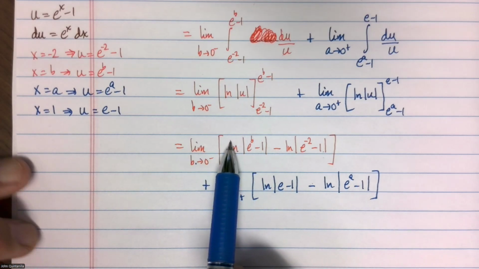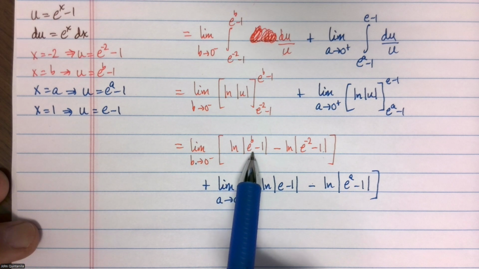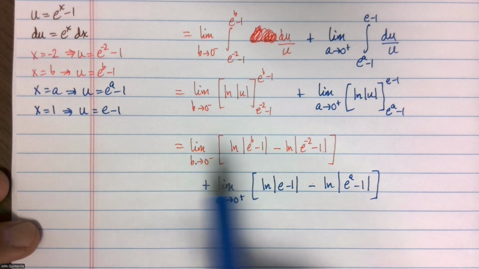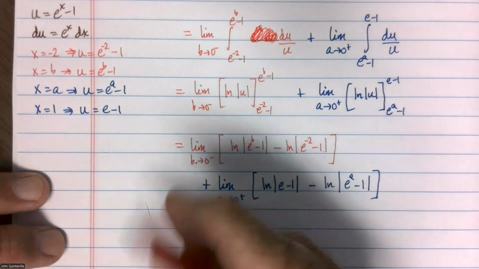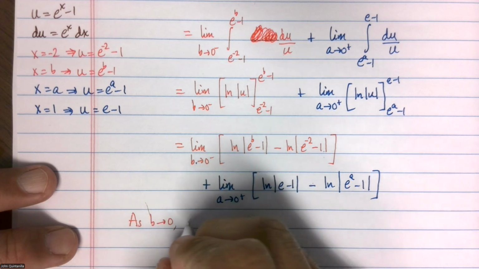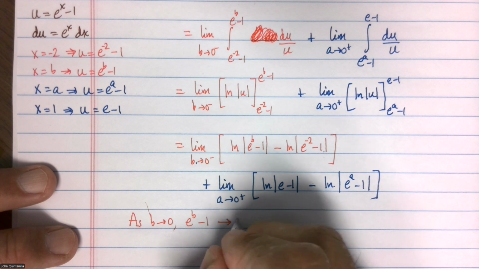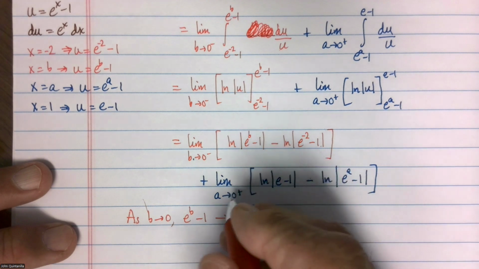Let's take a look at this all by itself. What happens to natural log of absolute value of e to the b minus 1 as b approaches 0? So let's take a look at this first limit. As b approaches 0, e to the b minus 1 also approaches 0. e to the 0 is 1. 1 minus 1, that goes to 0.